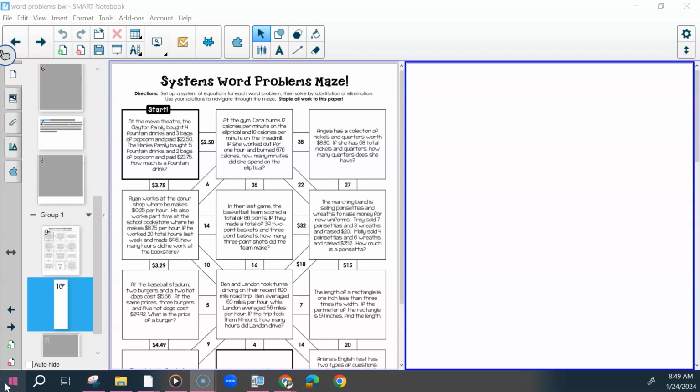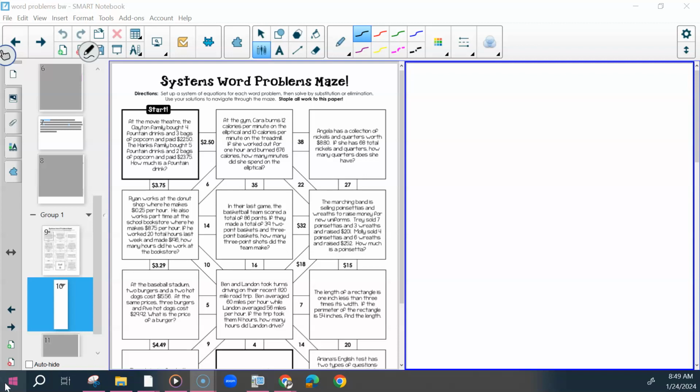Yeah. Read the one about the marching band. And what's important there? Then you need another one.